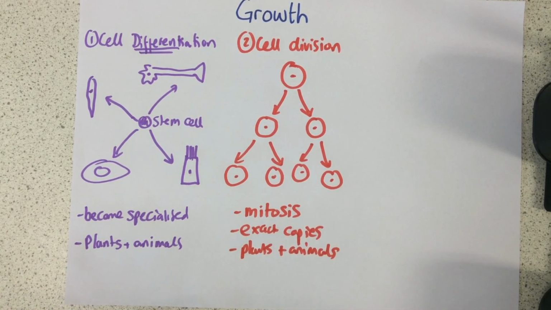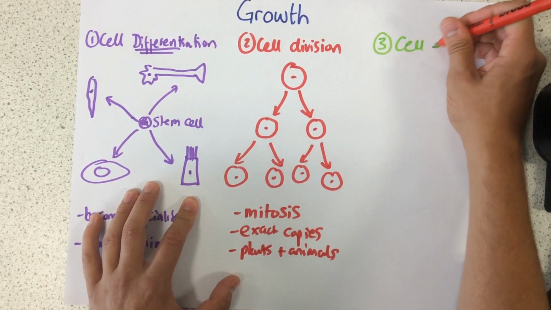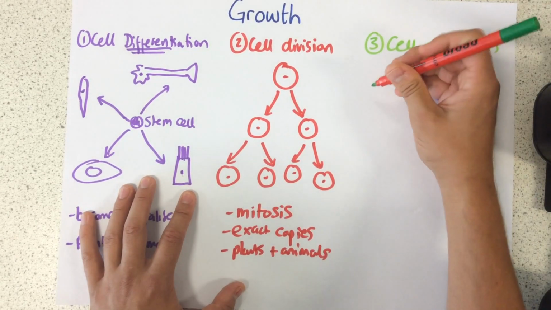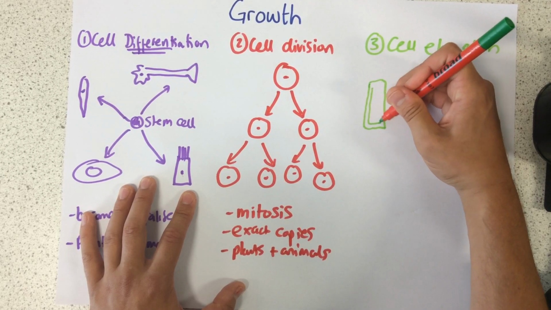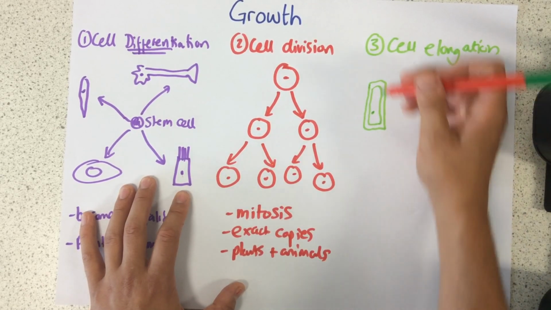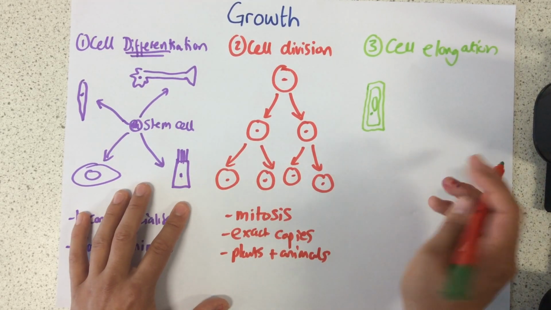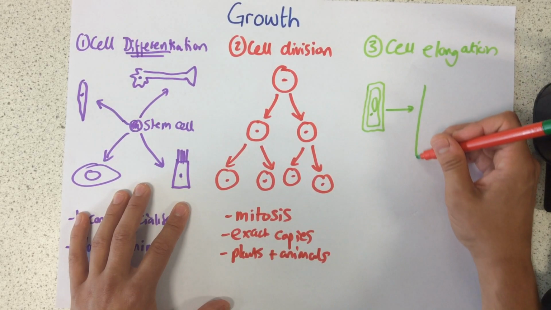So the final one we're going to look at is something called cell elongation. Now this only happens in plant cells, not animal cells. So let's imagine we've got a plant cell there. Cell elongation is essentially when the plant cell can expand, becoming bigger.